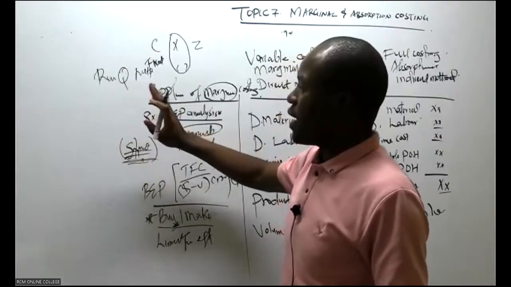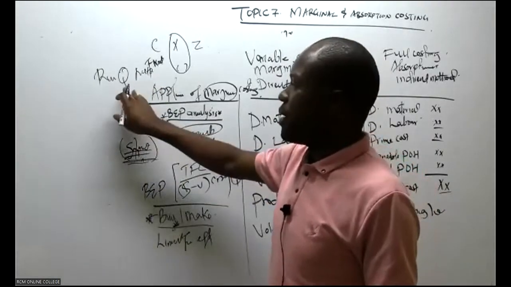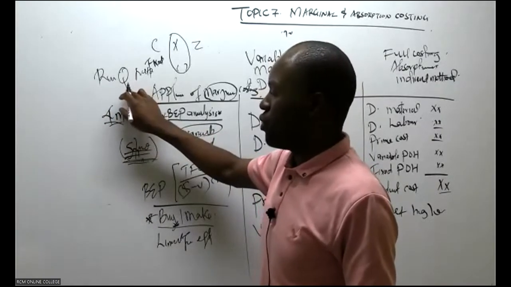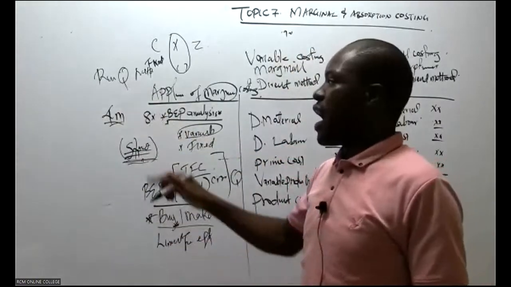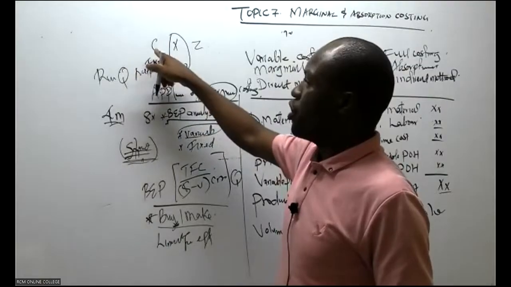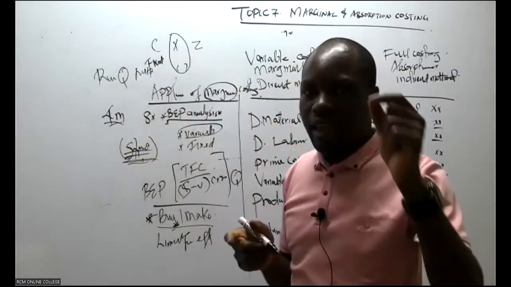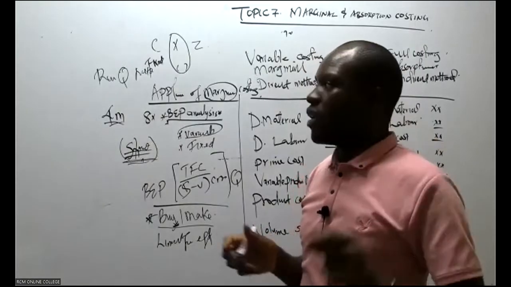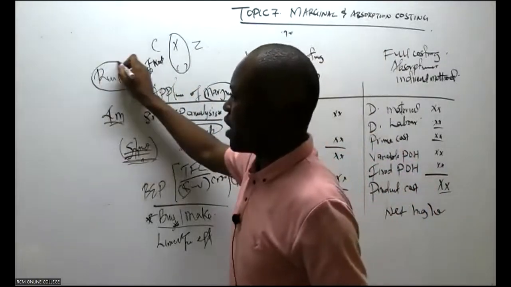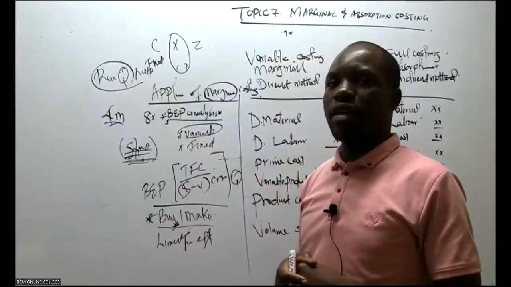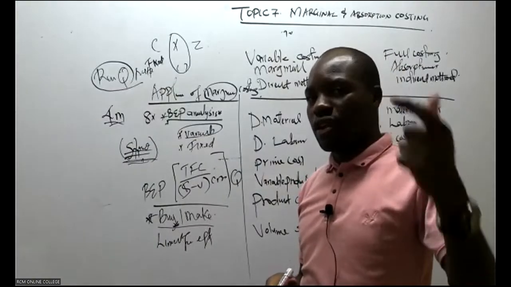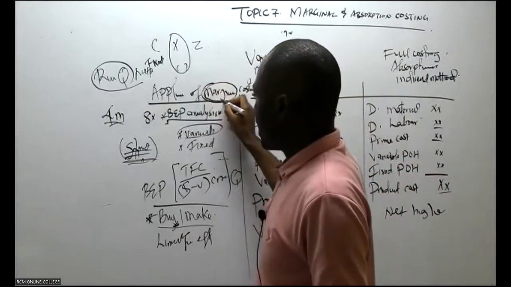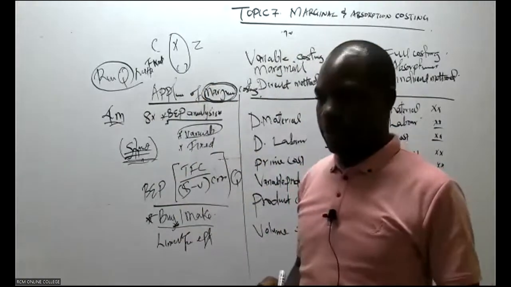And in one particular year, the company is only able to purchase 4 million units of this raw material Q. How will they ration the available units of material Q to produce C, X, and Z such that they are able to meet the market demand, and at the same time maximize their returns or net profit from that particular raw material Q? That particular knowledge must be understood by, first of all, ensuring that you understand what marginal costing entails.